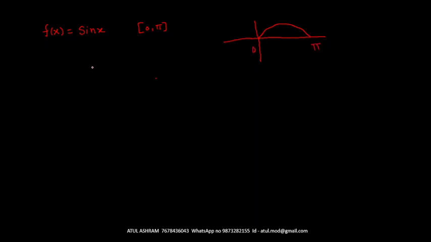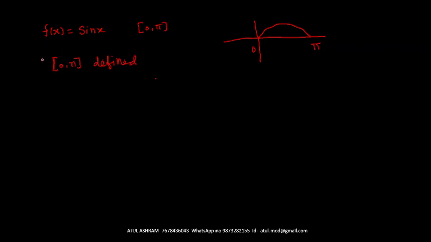Right. So just try to understand. Sin x is defined on this interval 0 to pi. Defined, there is no doubt at all. Also, it is a real valued function. For all the angles, sine is a real number.